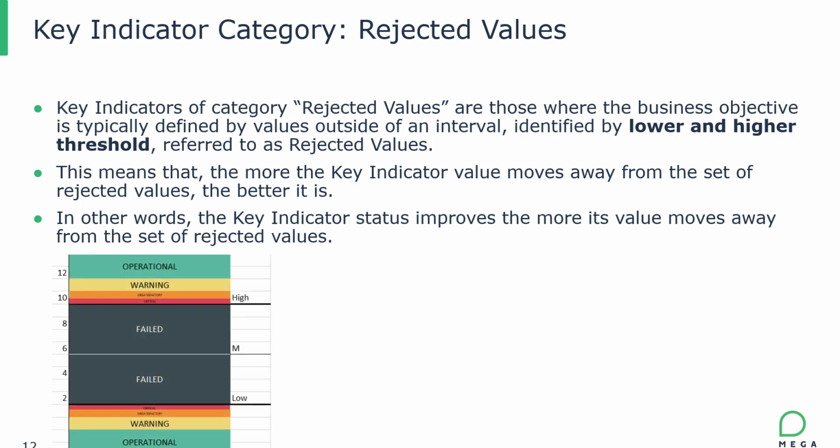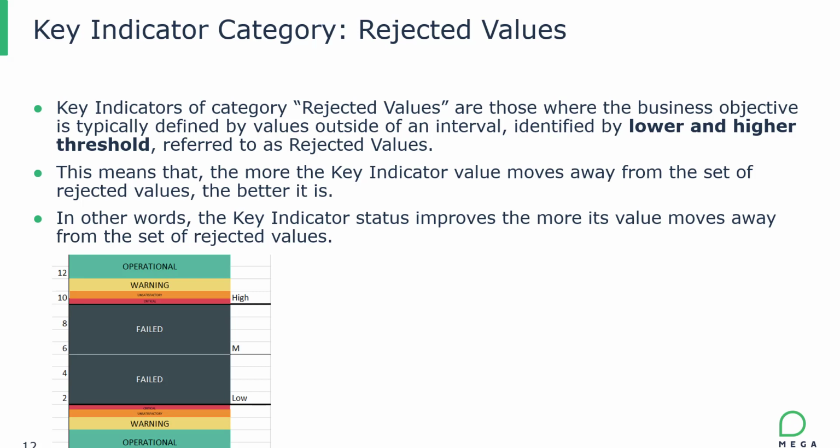Again, we have the usual example, and here, as you can see, the status of the key indicator is failed whenever the indicator value is within the set of rejected values. So within the set of values which are bigger than the lower threshold and smaller than the higher threshold.